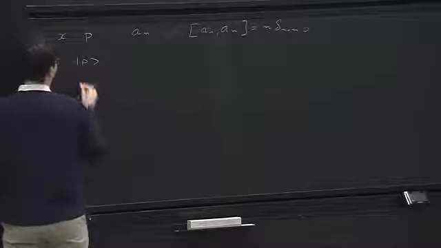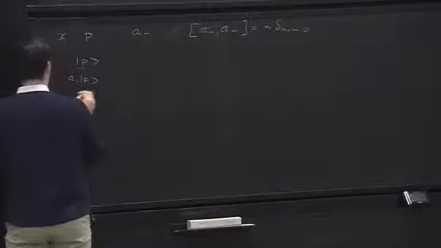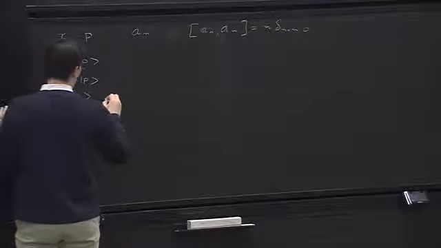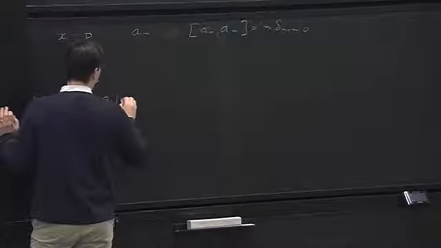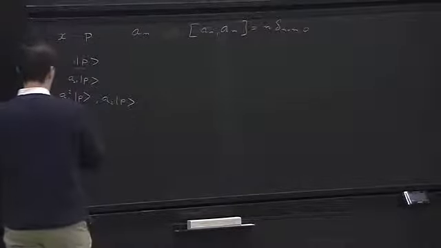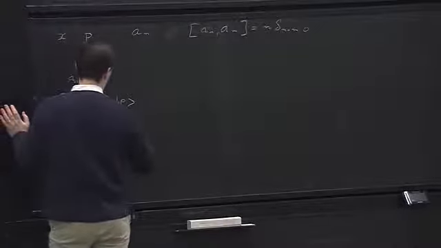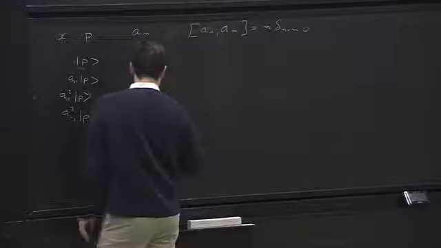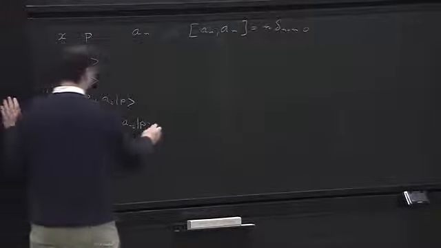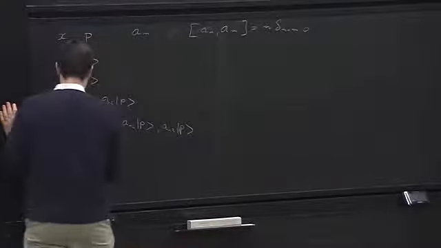So you start with |p>, then you have a_{-1}|p>, a_{-1}^2|p>, and a_{-2}|p>, sorry, minus 2, then a_{-1}^3|p>, a_{-1}a_{-2}|p>, a_{-3}|p>, etc.